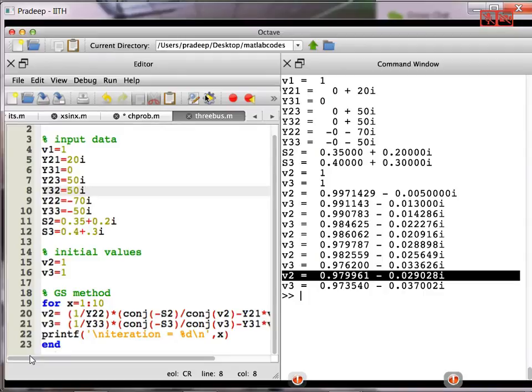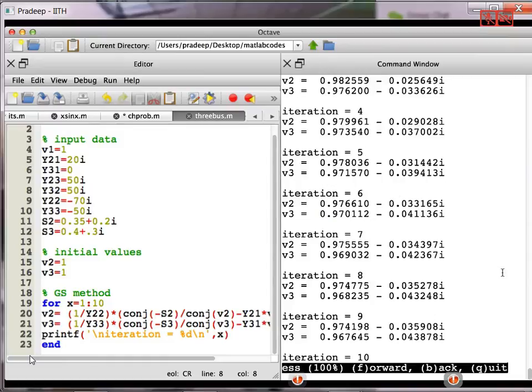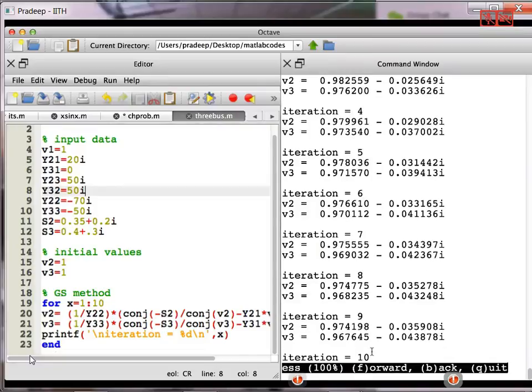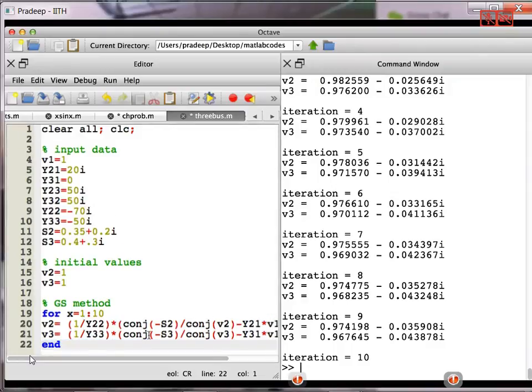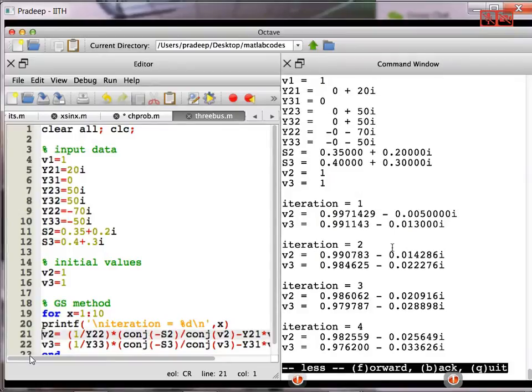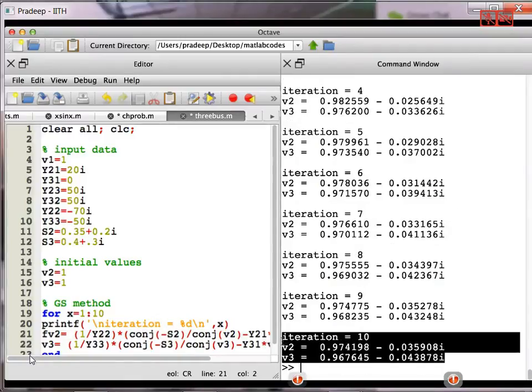So let's run this code. On the right side, you are able to see the solution. Iteration 2, 3, 4 like this we are getting. You see the last iterations 9 and 10 are almost matching. In fact, the iteration number I should display first. So finally after iteration 10, I am getting these values. These are the final values of the solution.